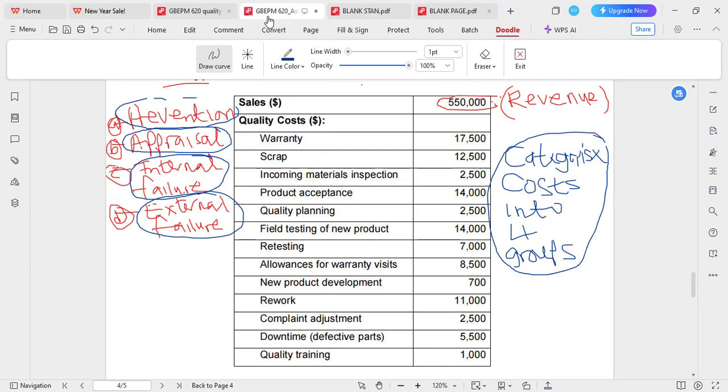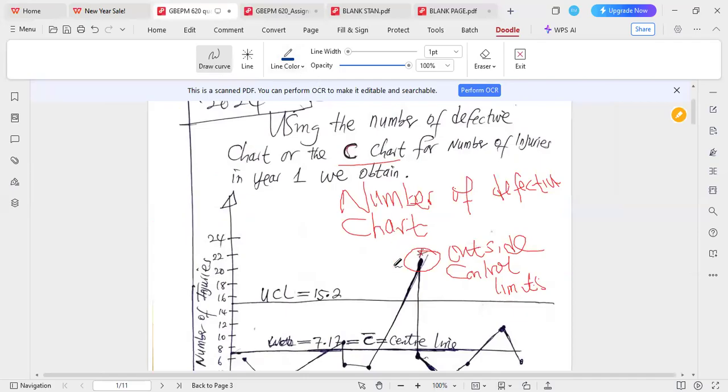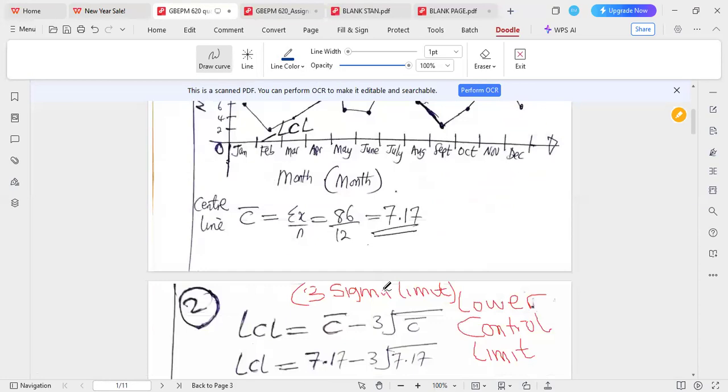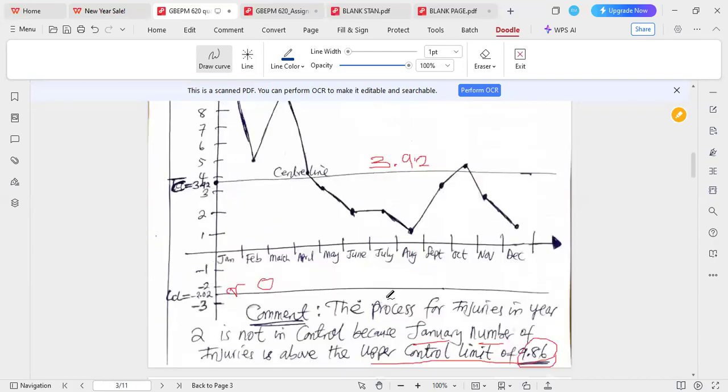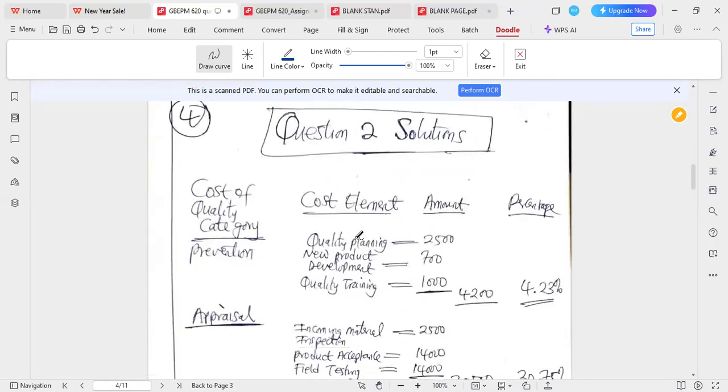So on question 2, we have the cost of quality category prevention. We have quality planning, 2,500, new product development, and quality training. So these ones, the total was 4,200.